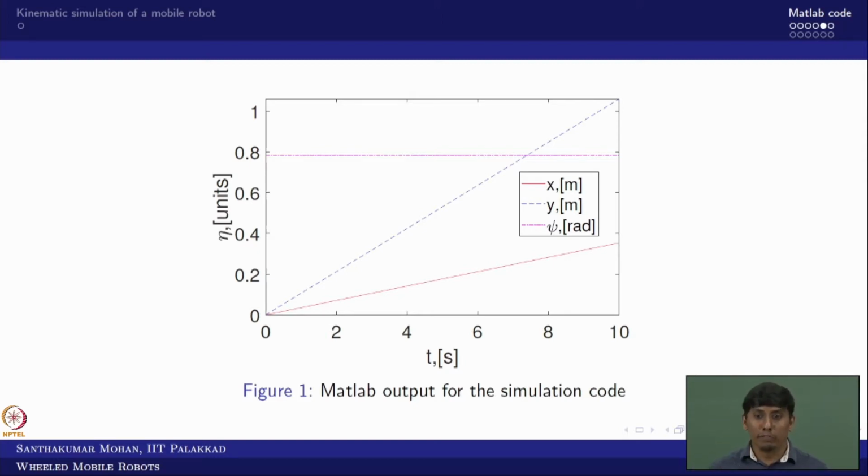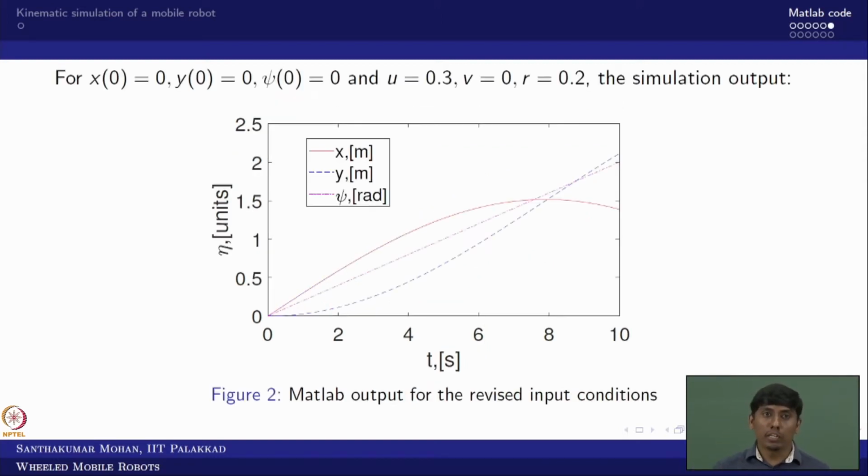For example, I have changed the initial conditions of the previous code from lecture 5. I put the initial conditions all as 0, but instead of a constant input, I am giving slightly varied input where u is 0.3 and the rotational angular velocity r is 0.2 radian per second.